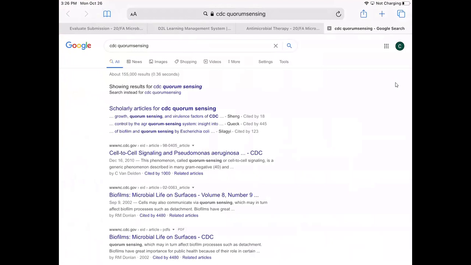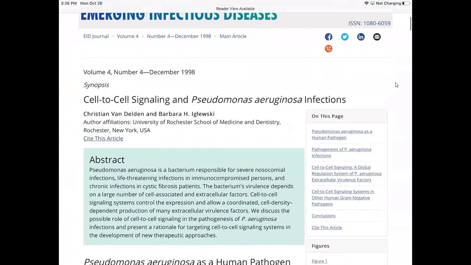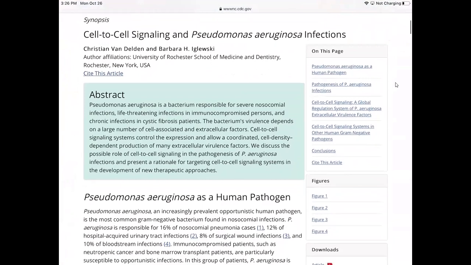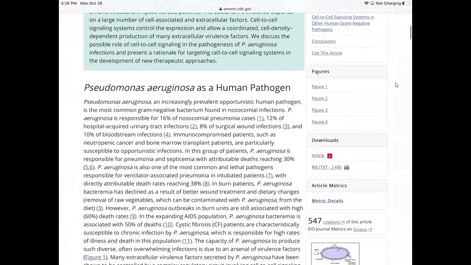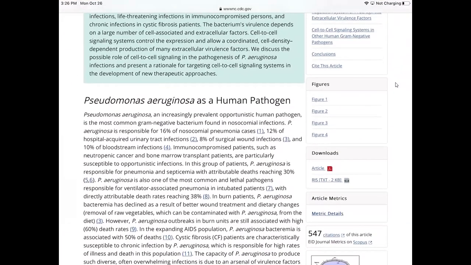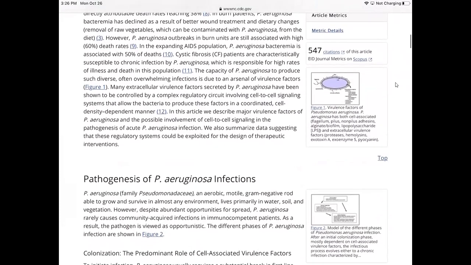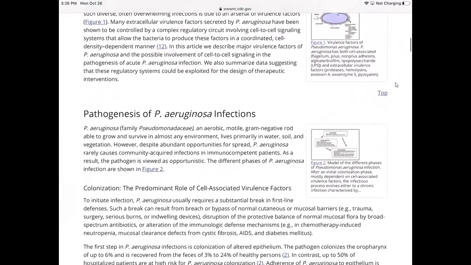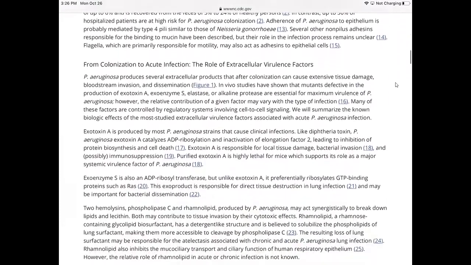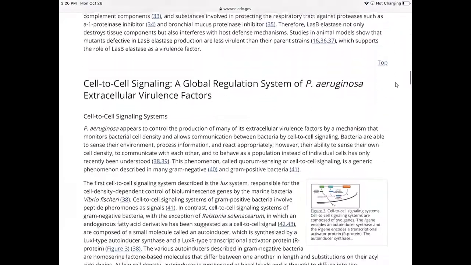So here's a paper from 2010, so 10 years ago, cell signaling in Pseudomonas aeruginosa. So Pseudomonas can be a really bad human pathogen. It depends. It's usually for people that are immune compromised, but if they can stop it from talking to each other, then it doesn't produce the toxin.